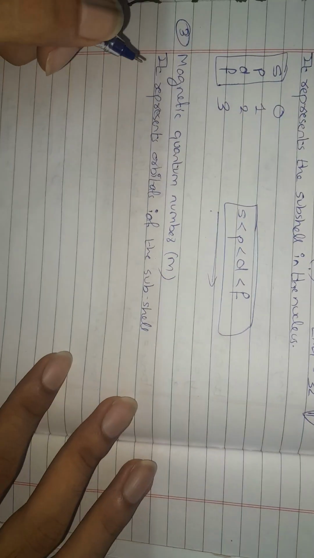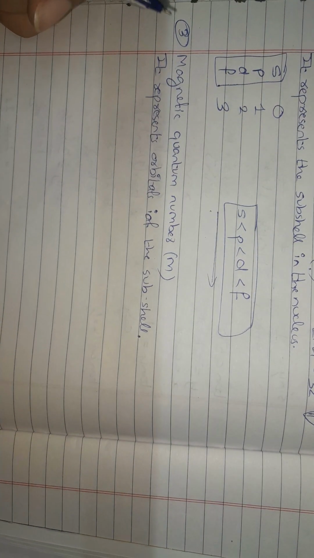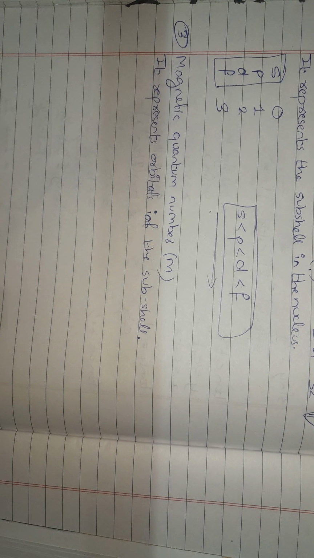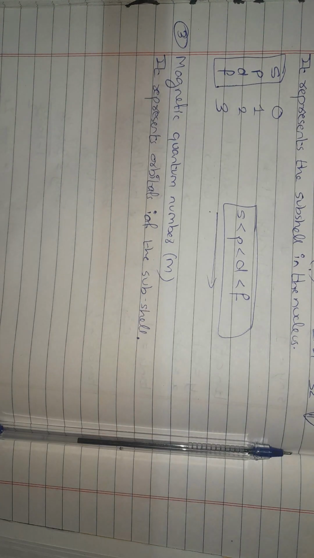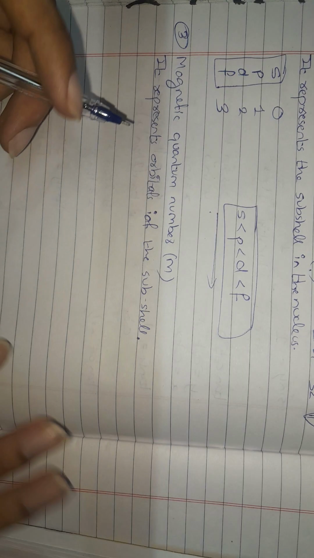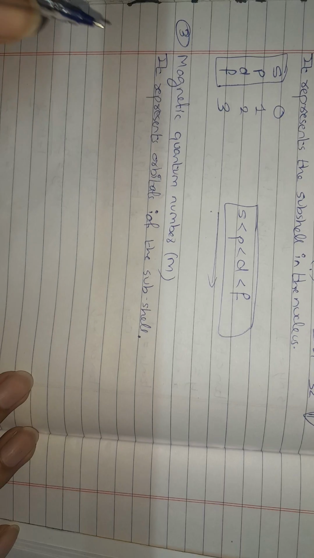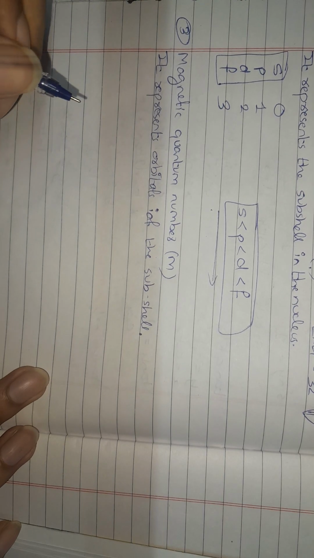Orbitals and orbits are different things. Orbits are where the electrons revolve, like the cell, and orbitals mean how electrons are stored. So this is the definition.